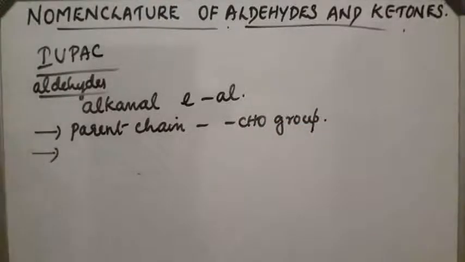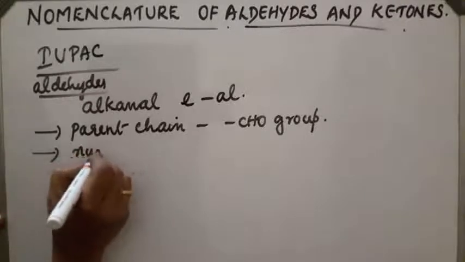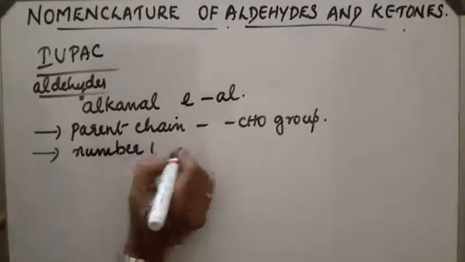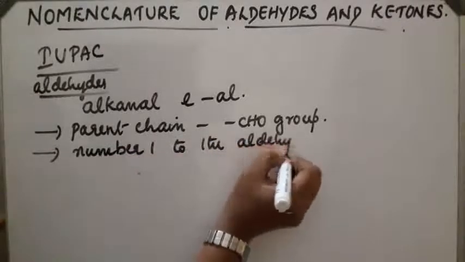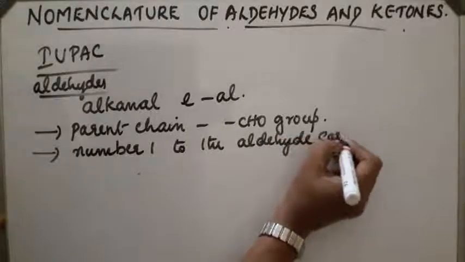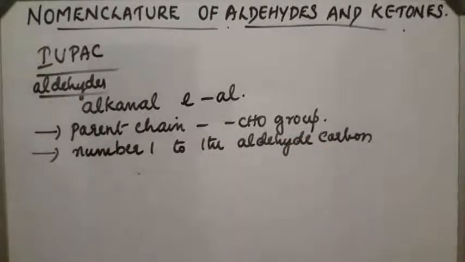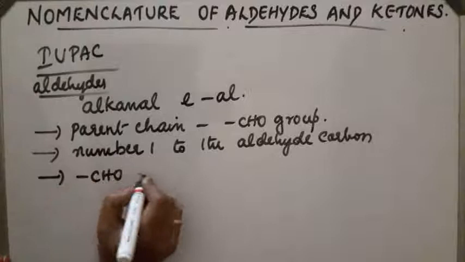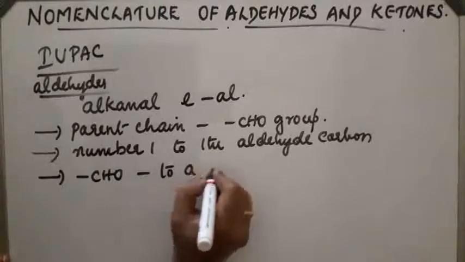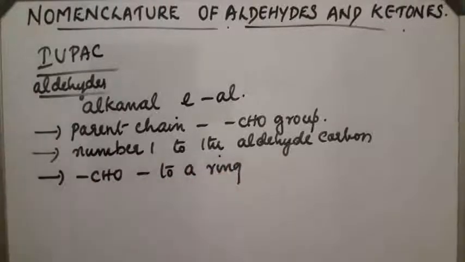Next point: the aldehyde carbon is assigned number 1. If substituents are present, we follow alphabetical order. Next, when the CHO group is attached to a ring, how can we write the compound?